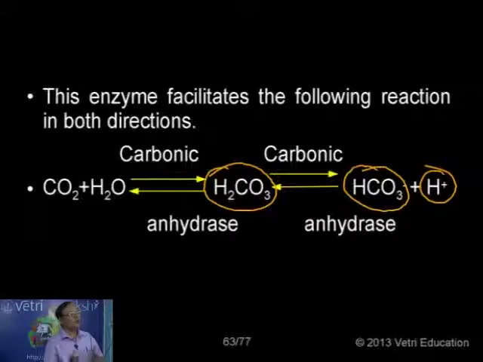So carbon dioxide is trapped as bicarbonate at the tissue level and transported to the alveolus, where it is released as carbon dioxide. So that is the reversible reaction. The forward reaction takes place at the tissue level. Carbon dioxide combines with water to form carbonic acid, which immediately dissociates to form bicarbonate ions and hydrogen ions.